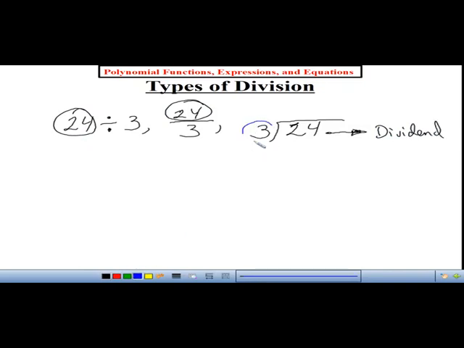This number outside, this number that's dividing that, is known as the divisor. Okay, is it coming back? Yes? Yeah, I think I remember, Mr. Q.